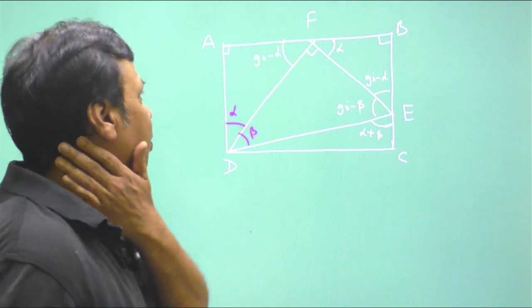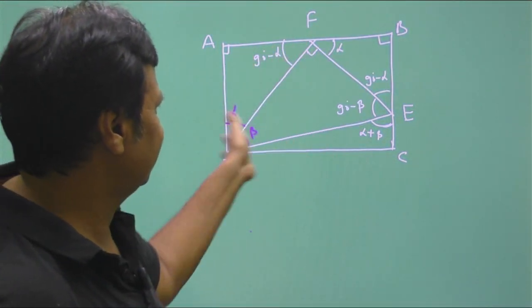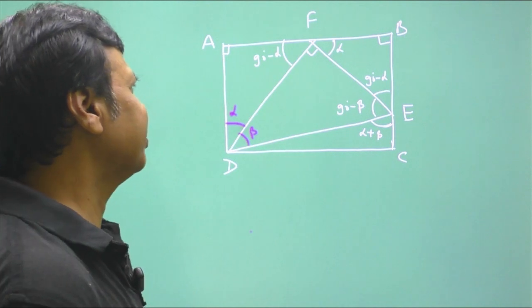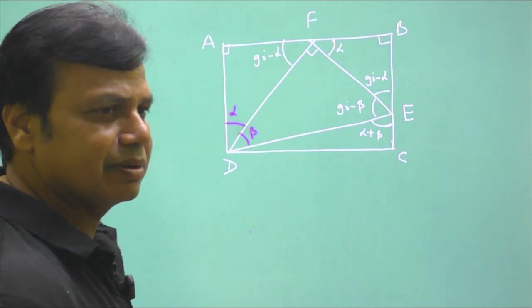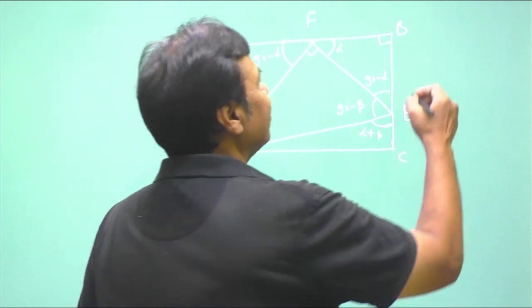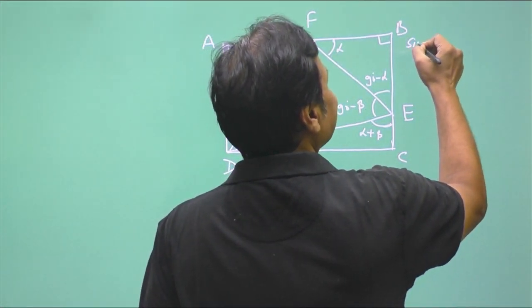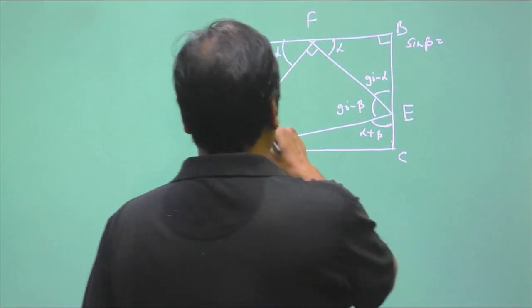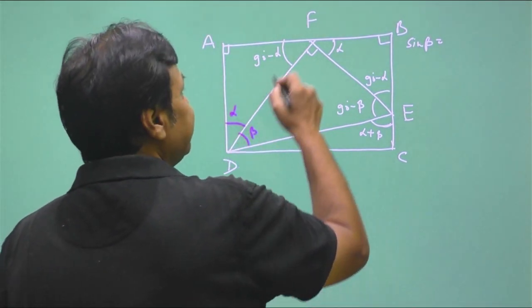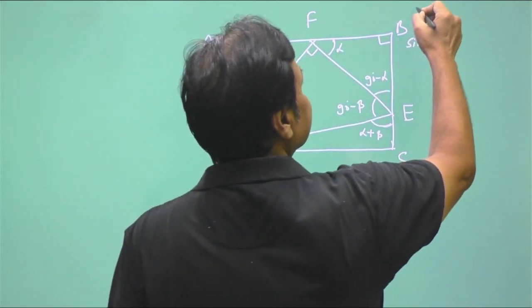Now use all the right angle triangles and write something like sine beta from here. From what triangle? DFE.